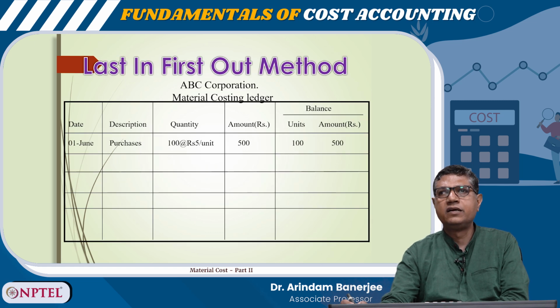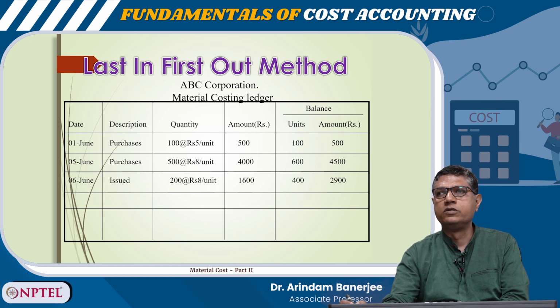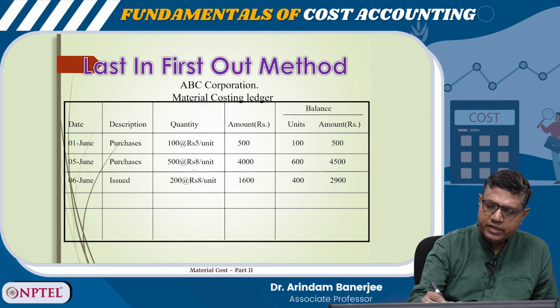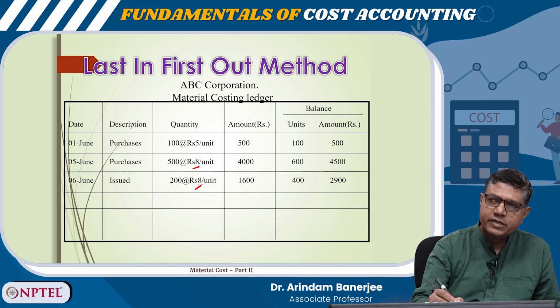So, you see, first 1st June purchase 100 units at 5 per unit, 500, balance units is 100, amount 500. 5th June purchase 500 units at 8 rupees, amount is 4000, units 600, 4500. Then what happened? Then it is issued. Now, this issue, you see, is at this rate, because it is assumed that these 200 units are issued from here, not from here.